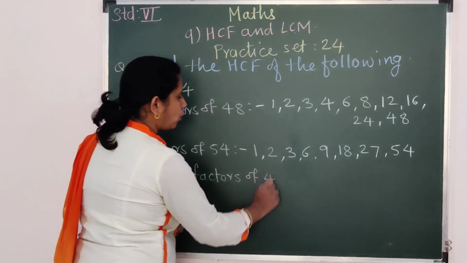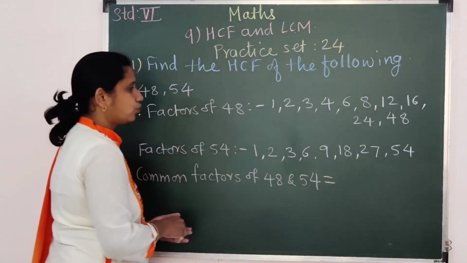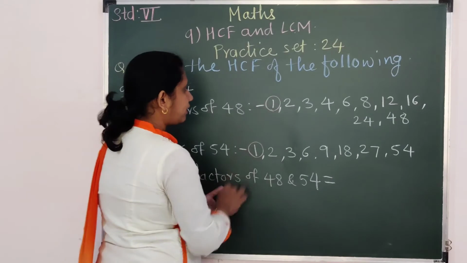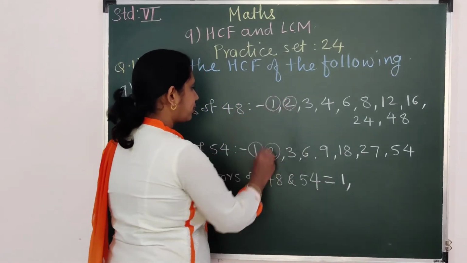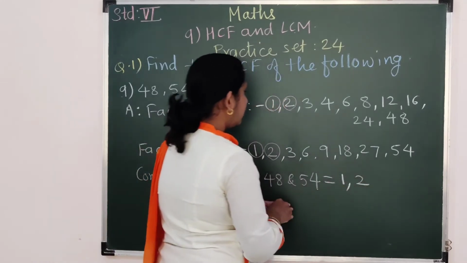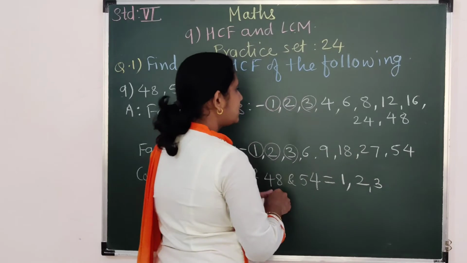Common factors of 48 and 54 are, circle the common factors, 1, 2, 3, 6.